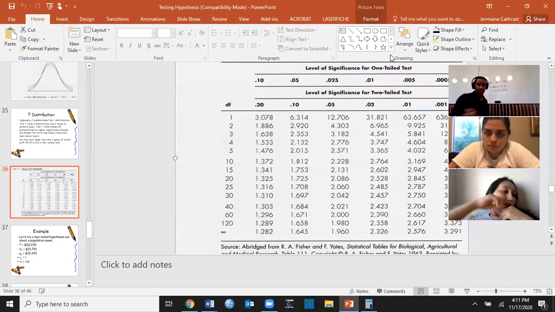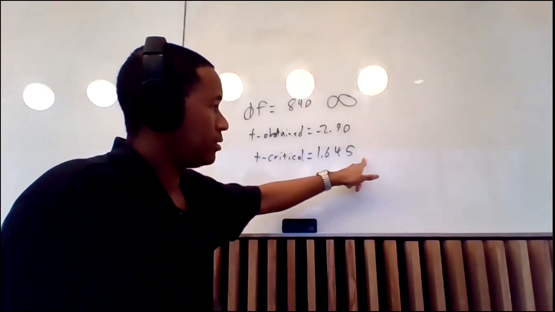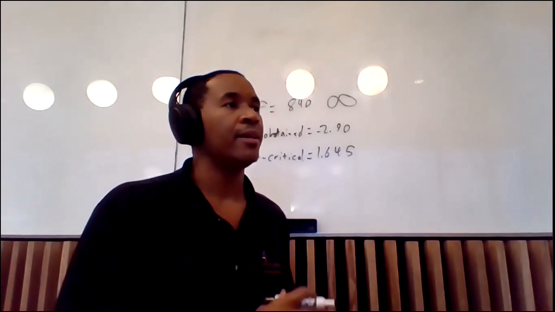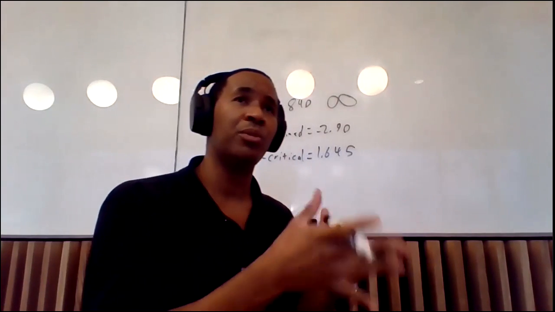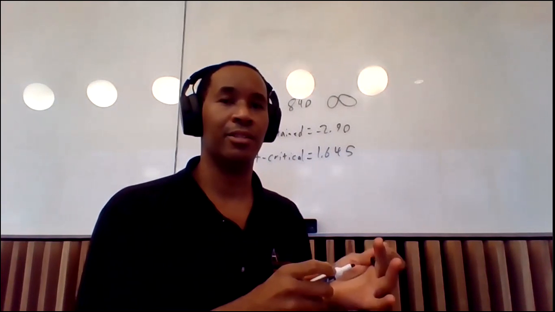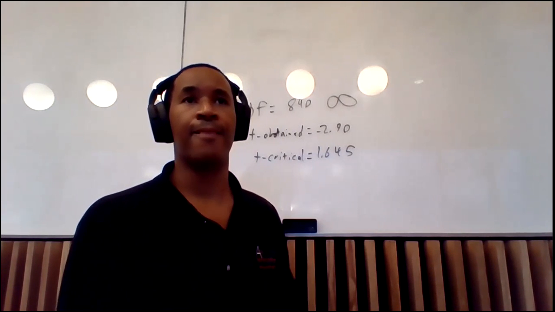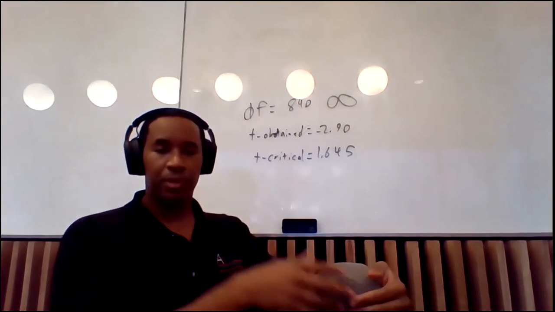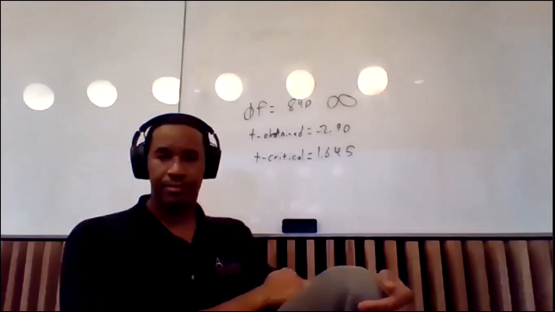So based upon the T obtained that we got from actually calculating the T and the T critical, the critical value that we need to reject the null hypothesis, do we reject or do we fail to reject the null hypothesis in this situation?